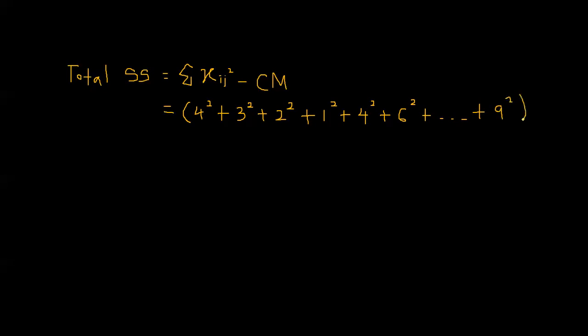Okay, and then minus with what is the value of CM that we get earlier? That is 426.67. So minus with 426.67.